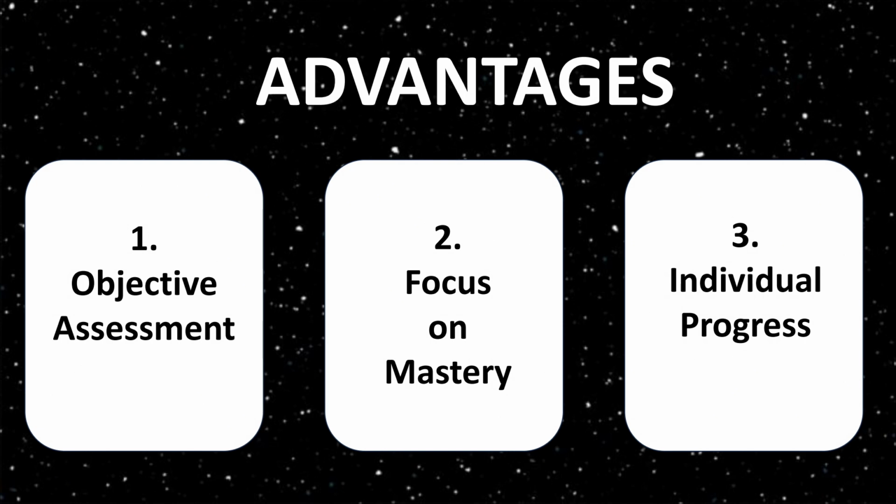Second, it focuses on mastery. The students are assessed based on their understanding and mastery of specific skills or knowledge. And last would be individual progress. This system allows for tracking individual progress and identifying areas for improvement.